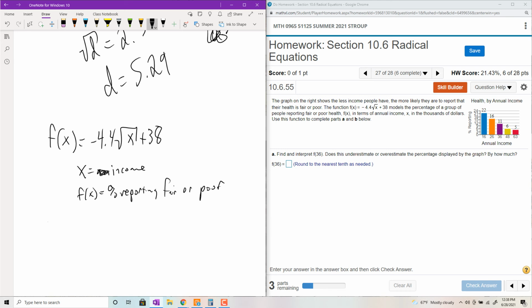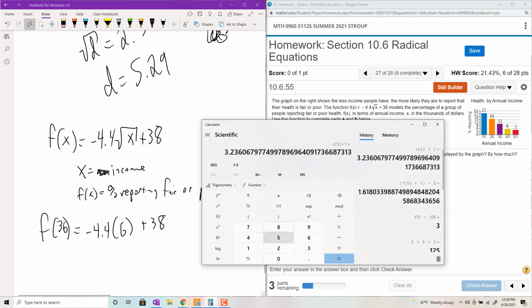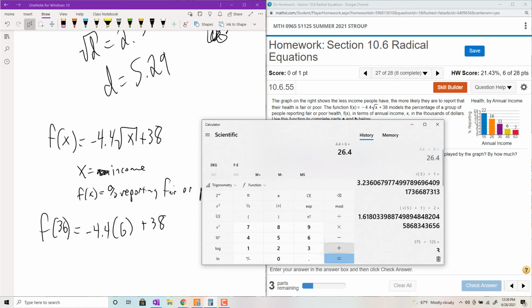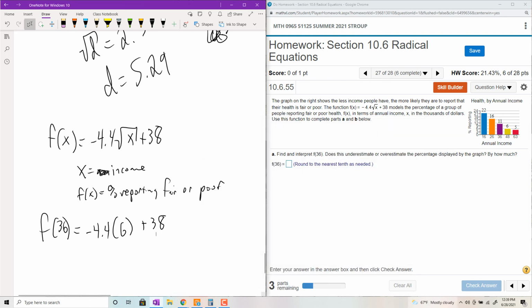Use this function to complete part A and part B below. So find f of 36. Negative 4.4 times the square root of 36, which is just 6. Let's go to the calculator. 4.4 times 6 is 26.4, so 38 minus 26.4 is 11.6%.